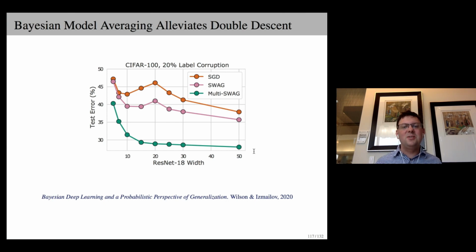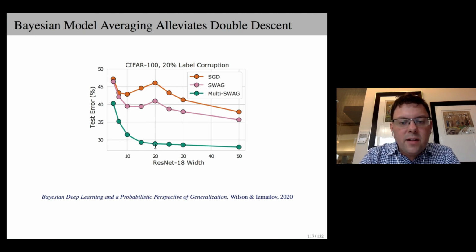We see that performance is essentially monotonic, whereas SGD, in this example with CIFAR-100 and 20% label corruption, has a prominent double descent behavior. Swag, where we're doing single basin marginalization, has a less prominent double descent, but it's still clearly there. Another really important feature to note in this plot is that multi-swag is a lot more accurate than classical training.